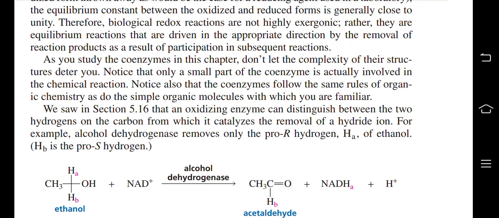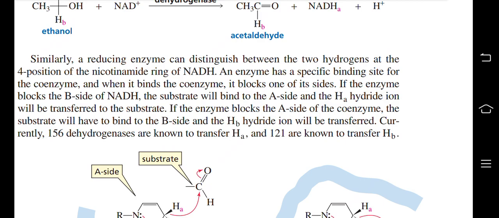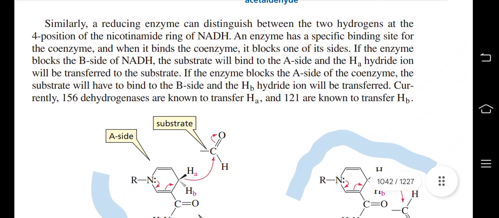For example, alcohol dehydrogenase removes only the pro-R hydrogen, HA, of ethanol, not HB, the pro-S hydrogen. Similarly, a reducing enzyme can distinguish between the two hydrogens at the fourth position of the nicotinamide ring of NADH. An enzyme has a specific binding site for the coenzyme, and when it binds the coenzyme, it blocks one of the sites.